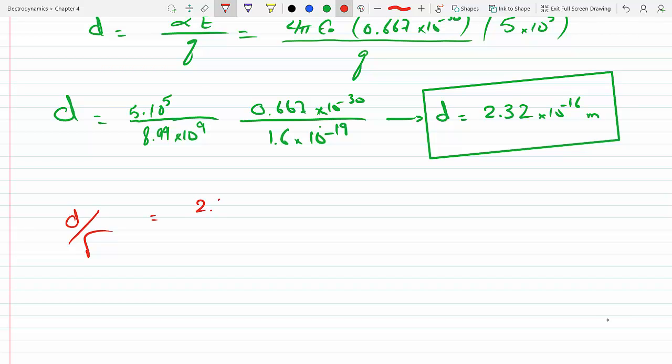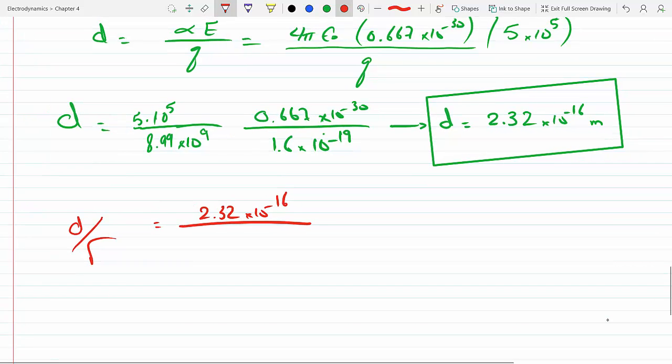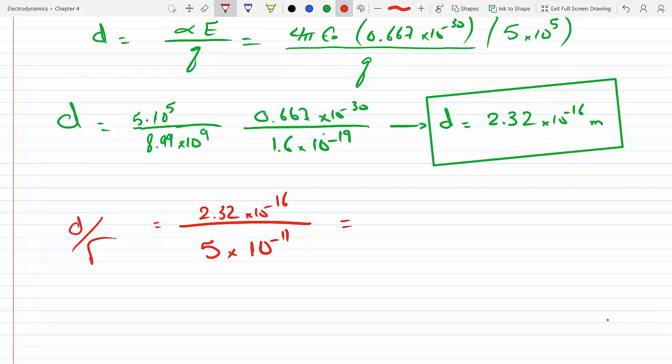We have 2.32 times 10 to the minus 16, divided by half an angstrom, which is 5 times 10 to the minus 11. We get 4.64 times 10 to the minus 6.